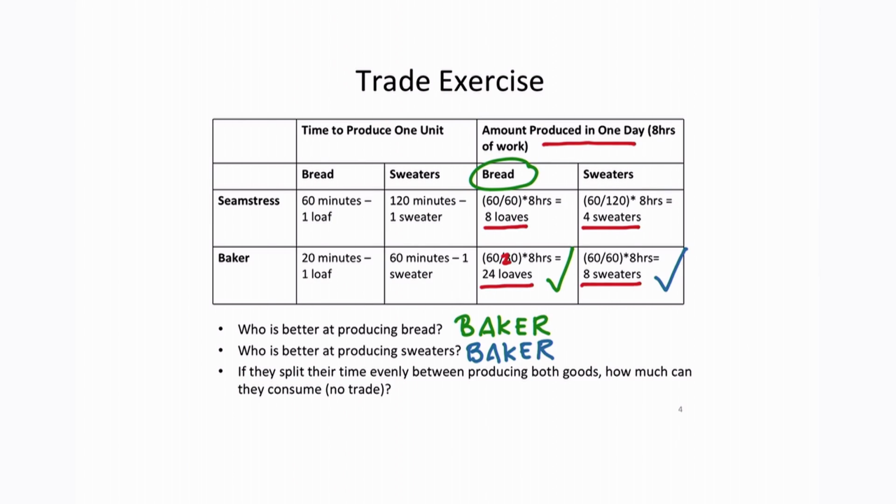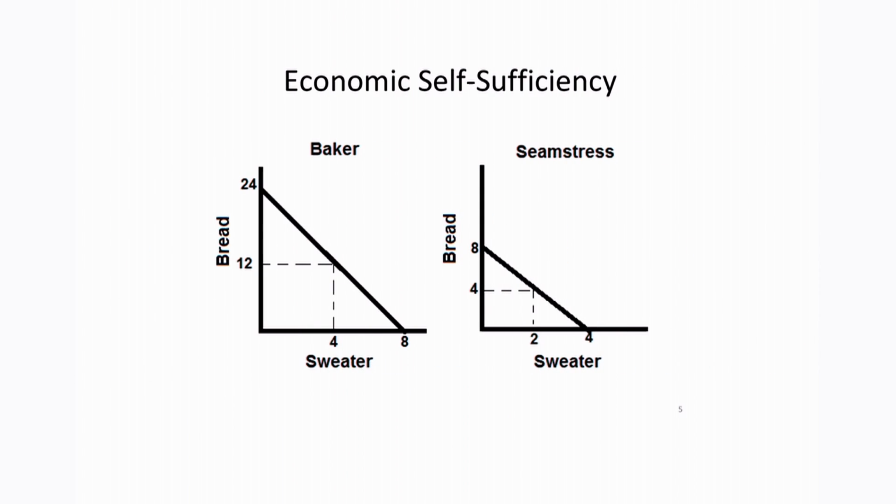So let's assume first that they're evenly splitting their time between the production of both goods. How much can they consume? So here we have their production possibility frontier for the baker and the production possibility frontier for the seamstress.